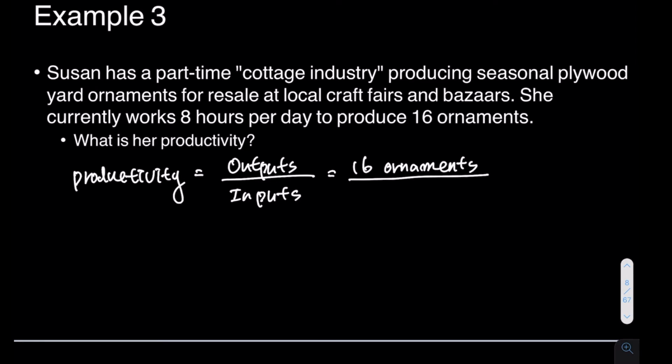What are the inputs? She used 8 hours. So therefore, in this formula, you can say that given 1 hour, she can make 2 ornaments per hour. This is productivity. Not very difficult, right?